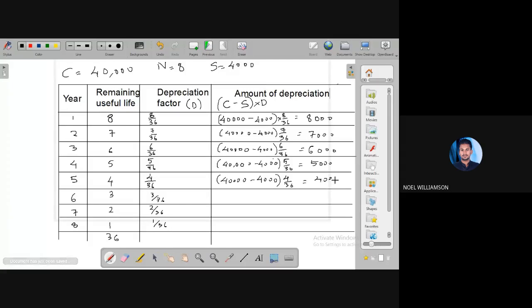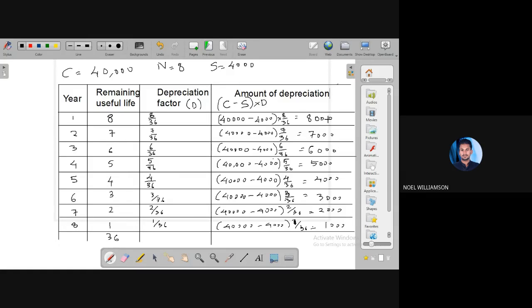That is 4,000. Then 40,000 minus 4,000 into, sorry, 3 by 36. That is 3,000. 2 by 36, that is 2,000. And finally 40,000 minus 4,000 by 1 by 36 equal to 1,000. So these are the amounts of depreciation after each year.